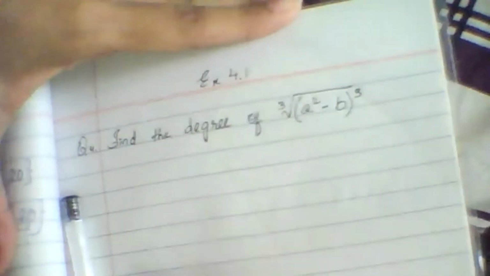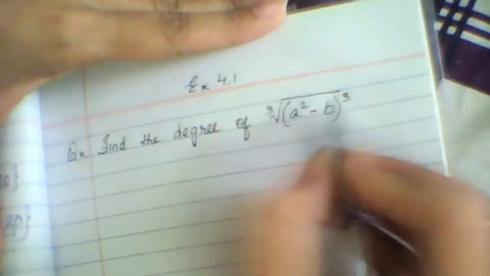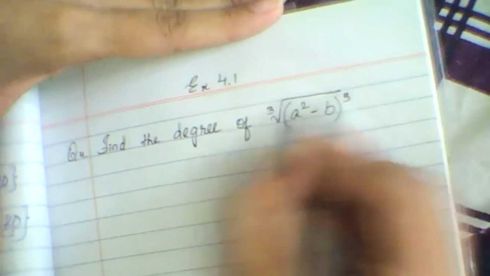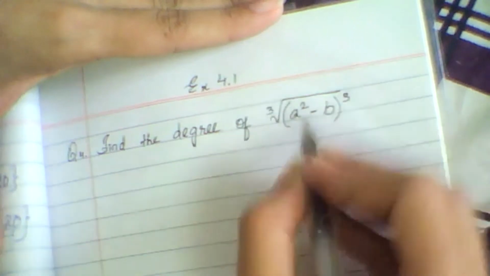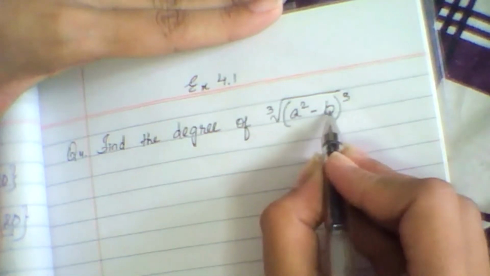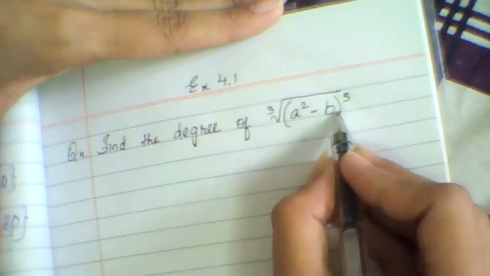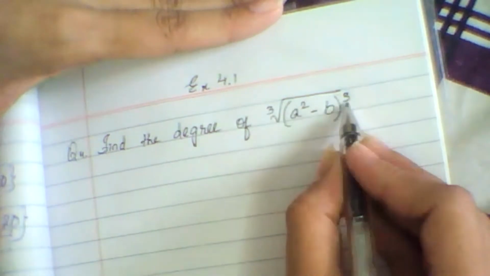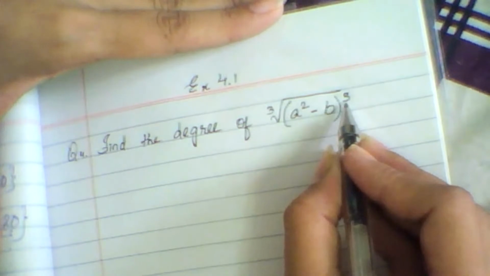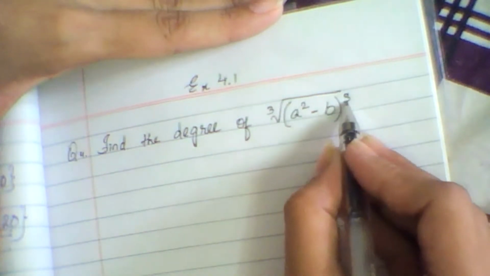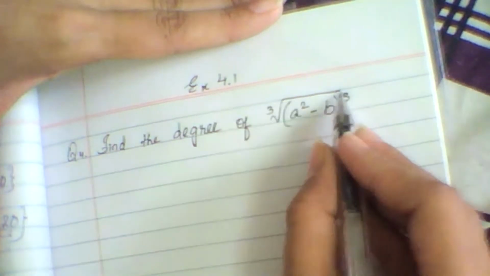The question is find the degree of this question written over here. It's a cube root. Okay, it's a cube root of a square minus b and whole cube is over there. This bracket containing whole cube, after this bracket we are having power cube, and this root is called cube root.